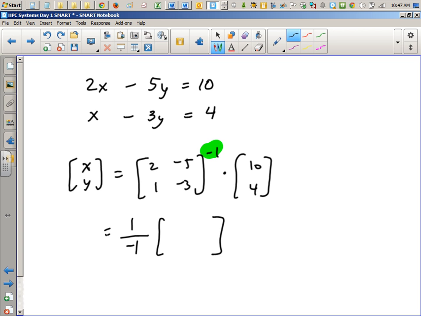The inside of this thing is sort of a rearranged and negated version of the color-coded matrix, right? So I'm supposed to swap the 2 and the negative 3 around, negate the other 2 on the diagonal. Of course, I have a negative 5 already, so I guess that changes to a positive 5. The 1 changes to a negative 1. This isn't that hard. And now you can do your little dot products.